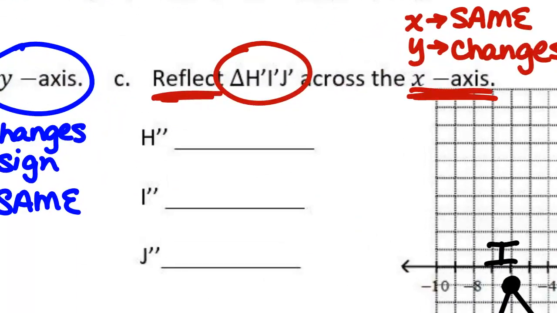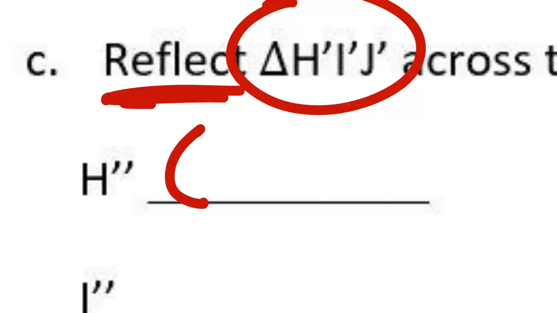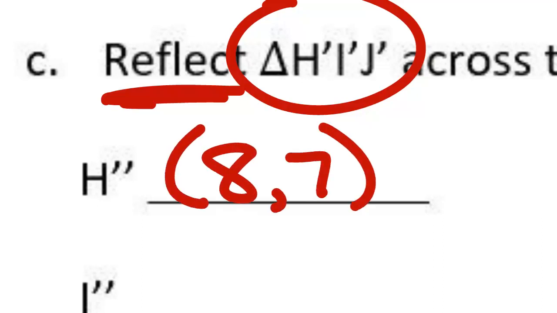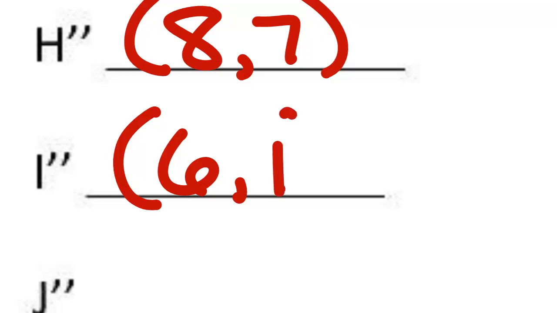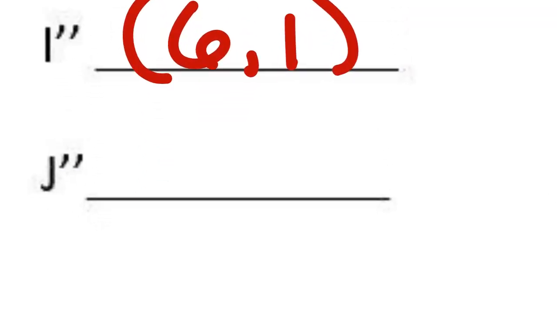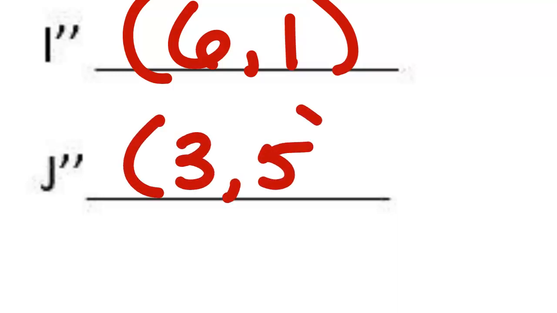Well, H prime was 8, -7, so H double prime will be +8, +7. I prime was 6, -1, so I double prime will be 6, +1. J prime was 3, -5, so J double prime will be 3 and +5.